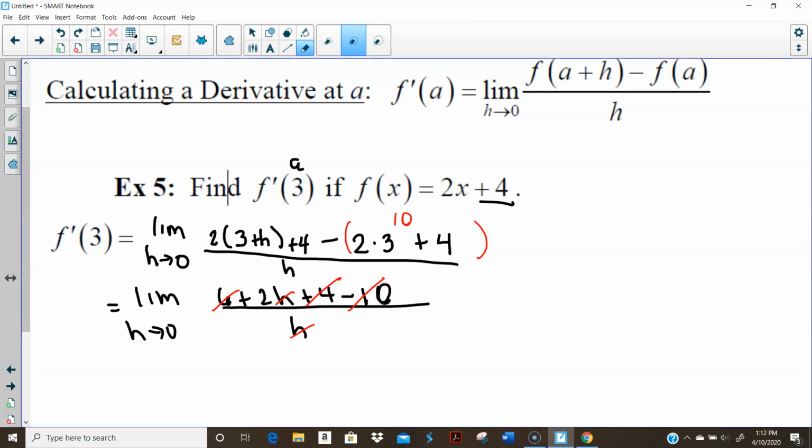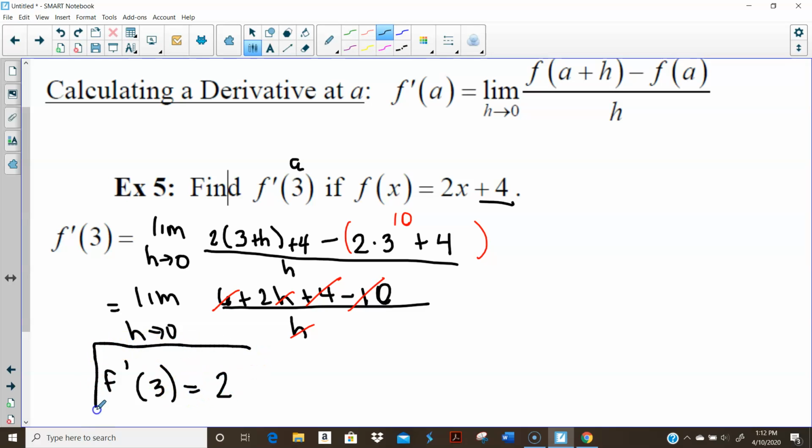So I canceled all these out, and I ended up with just 2. F prime of 3 is equal to 2. Now that shouldn't have surprised you because this was a linear function, and for a linear function, you know that the rate of change is the slope.